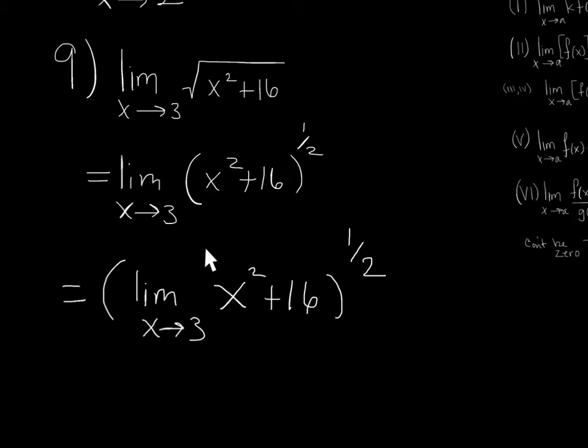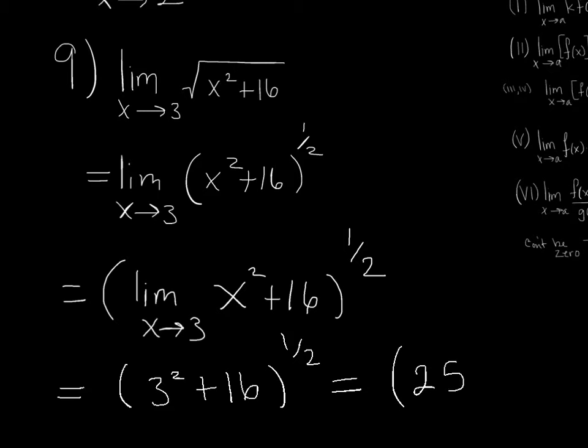So to evaluate this limit, all we have to do is plug 3 into the polynomial. And we get 3 squared plus 16 to the 1/2 power, which is 9 plus 16, which is 25, to the 1/2 power, which is 5. Notice right here, if this had been a negative number, then we would have that the limit does not exist.